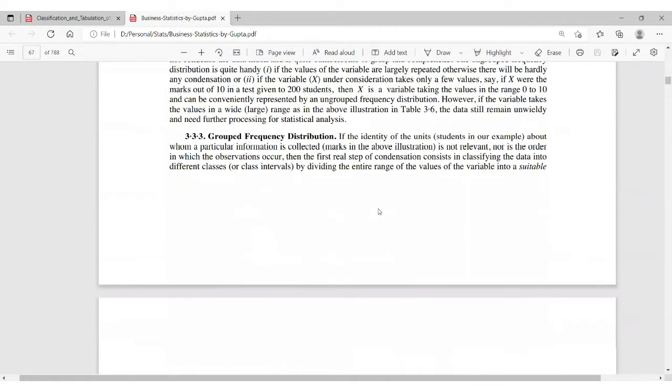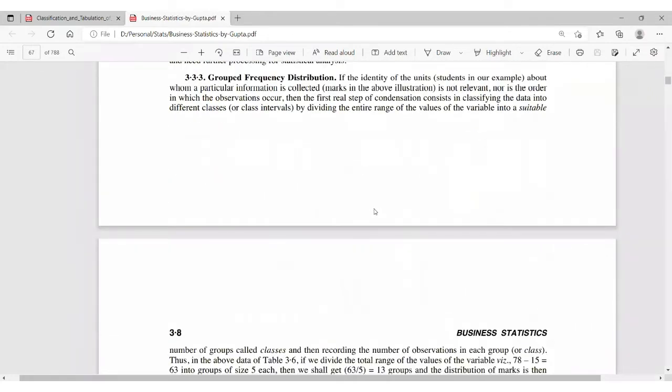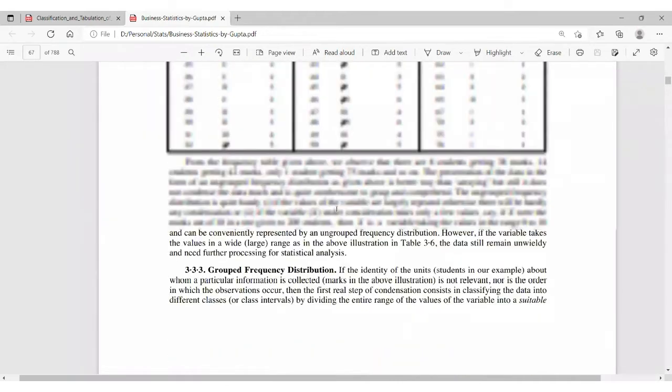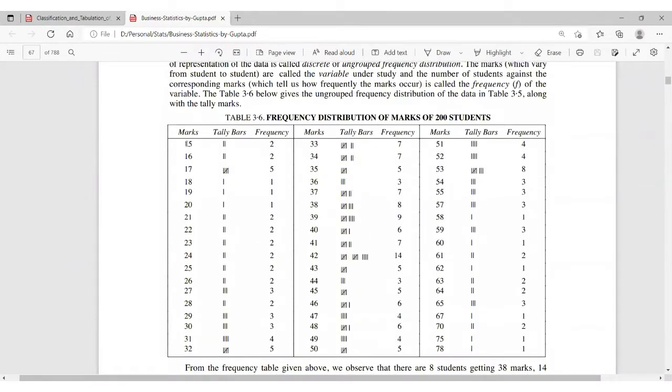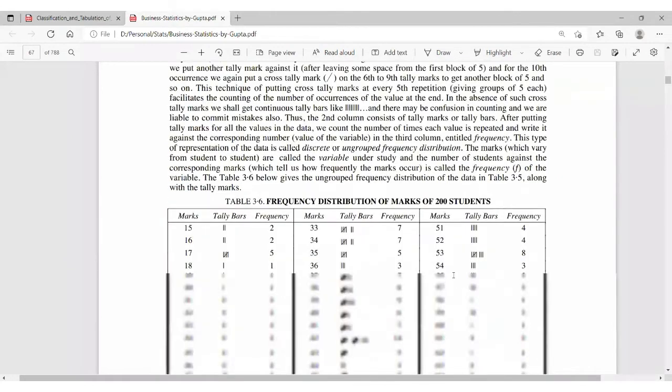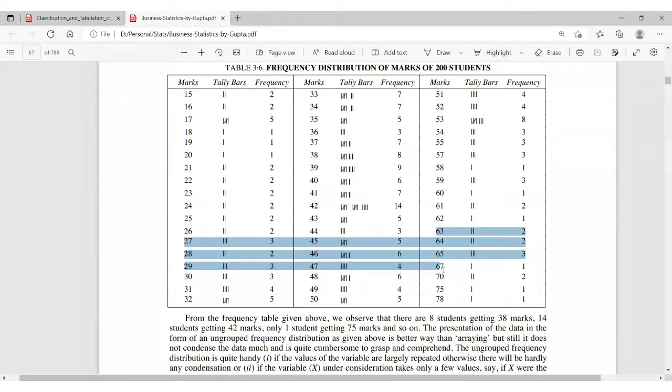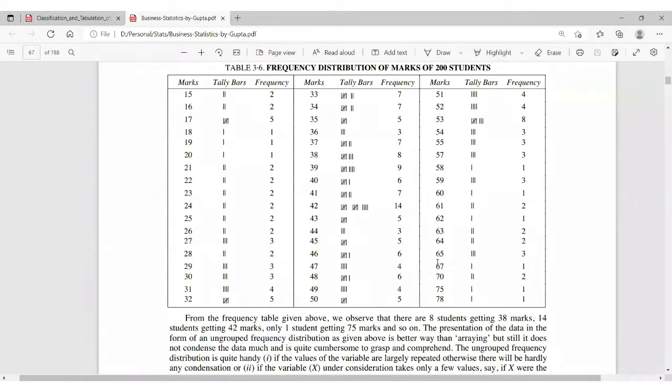Now the group frequency distribution. In the group, we made some different classes with different intervals, because it's very difficult to segregate data in this type. How can we see 63, 64, 65, then 67? After 65 we came to know that there is 67 marks of a student, not 66. So we write the 67 and like this.